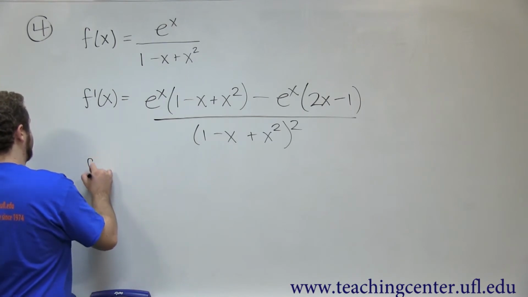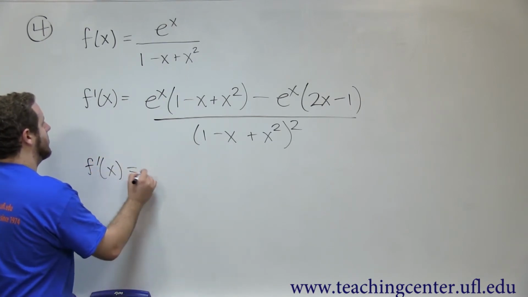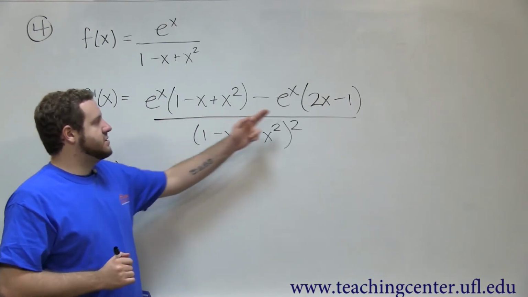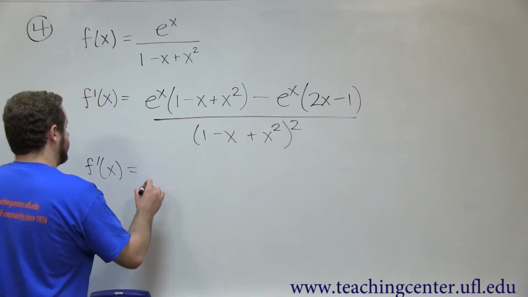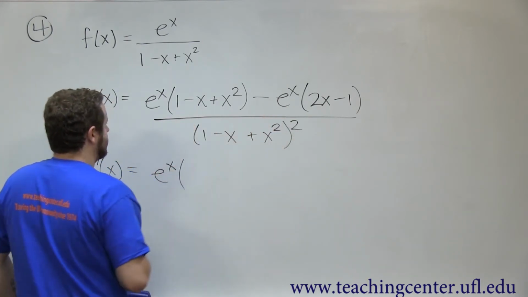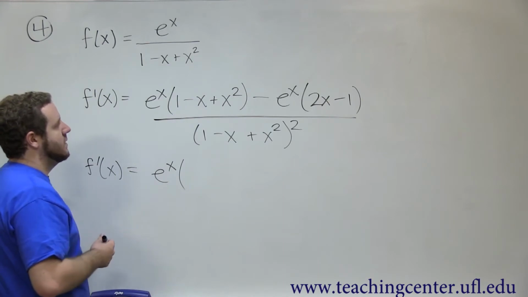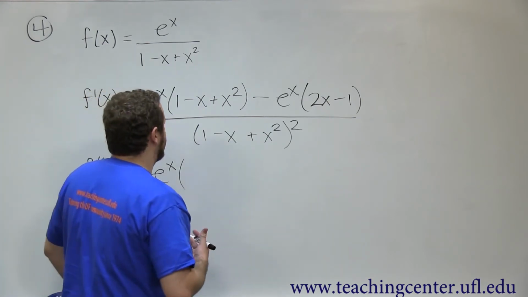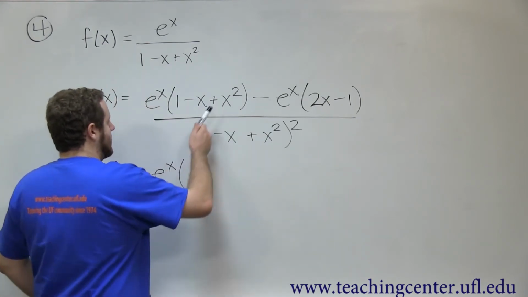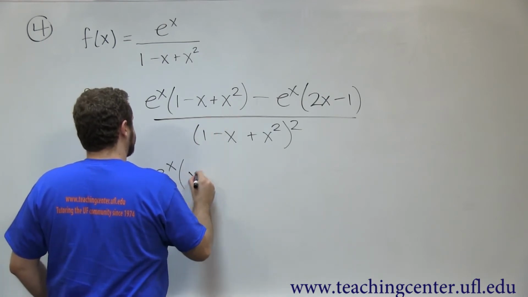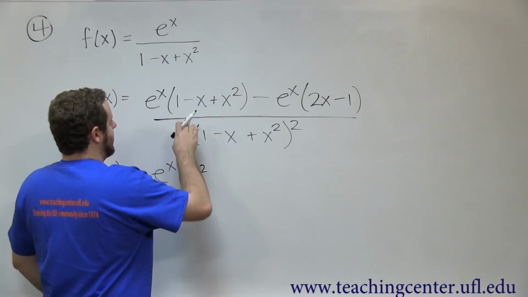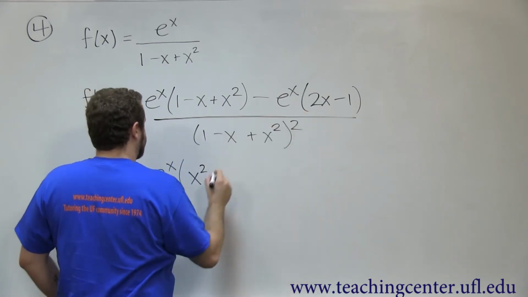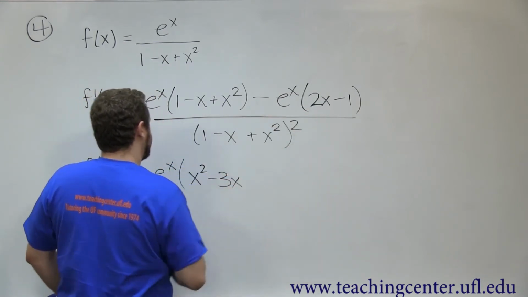We can do some simplification really simply in the numerator, because both of these terms have an e to the x, so we can factor that out. And let's write what we have left, but let's write it in order of decreasing degrees. So we have an x squared here. We have minus x and we have minus 2x, so we get minus 3x.